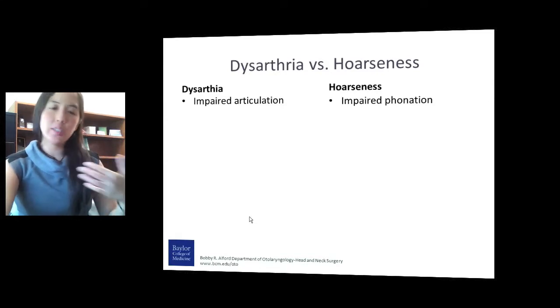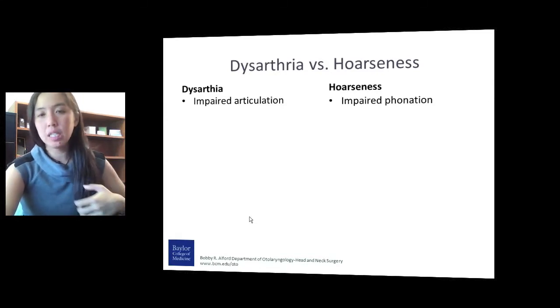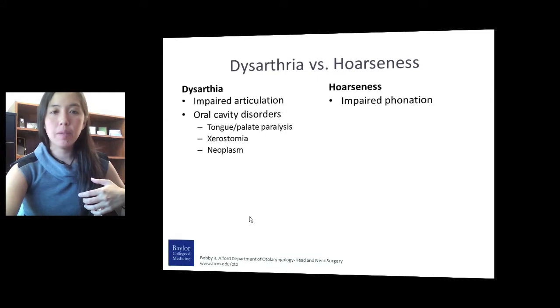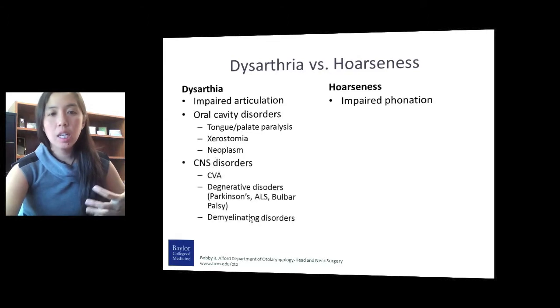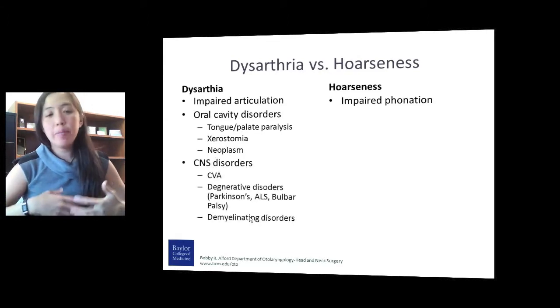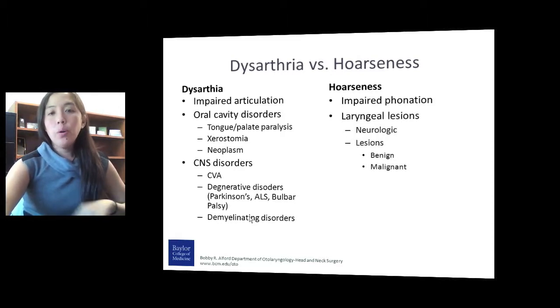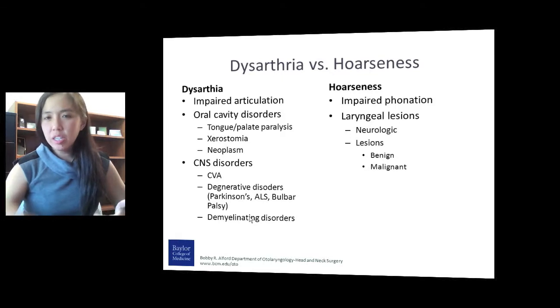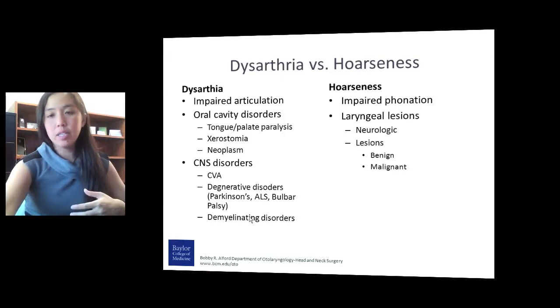You're going to hear breathiness or roughness or raspiness in the voice. With dysarthria, you may think that there's something wrong with the palate or tongue. You may also think classically of a patient with a stroke or other neurodegenerative disorders. Whereas with hoarseness, you may think of a lesion on the vocal fold, causing the vocal folds not to vibrate as well, causing noise in the sound signal.